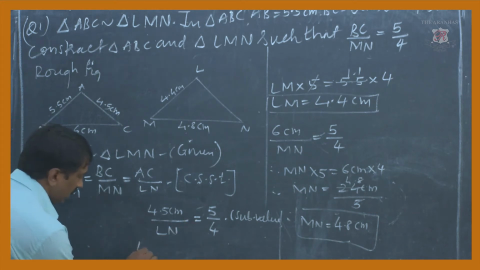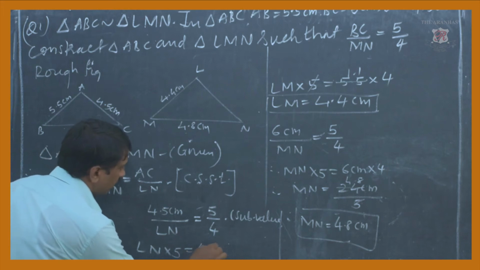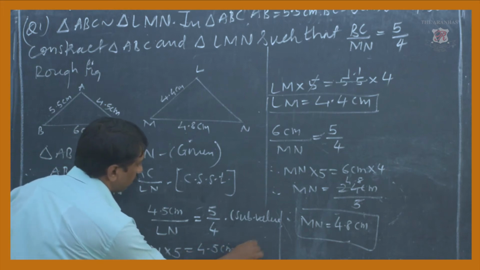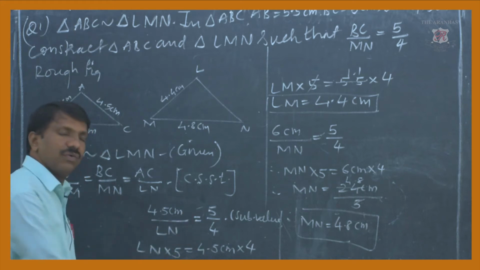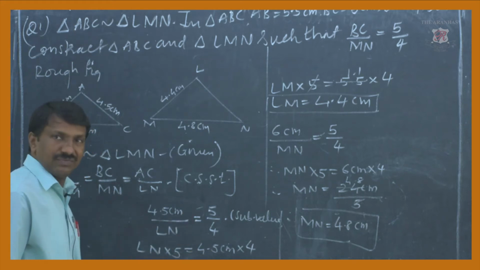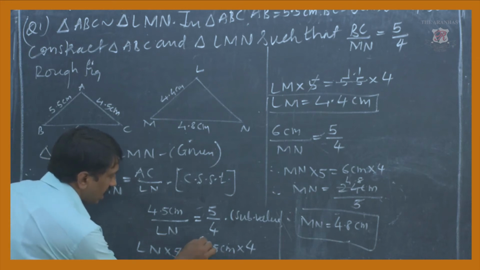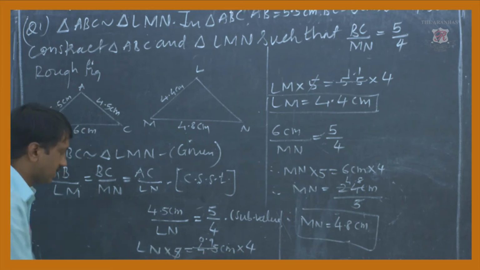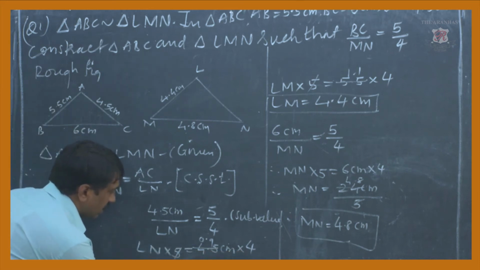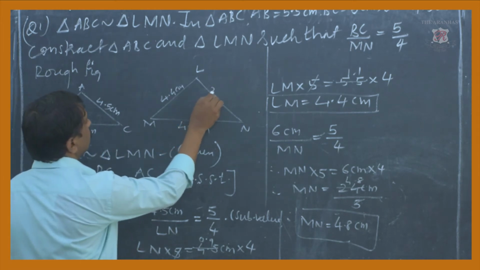So LN into 5 is equals to 4.5 centimeter into 4. If your calculation is good, immediately equate: 4 5 9s are 45, means 5 1s are 5, 9s are, and 9 4s are 36. So the value of LN is equals to 3.6 centimeter.